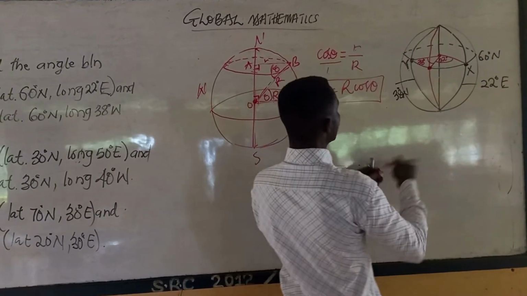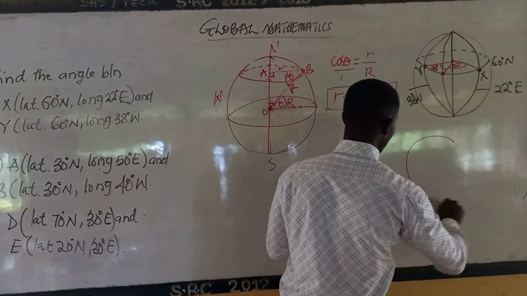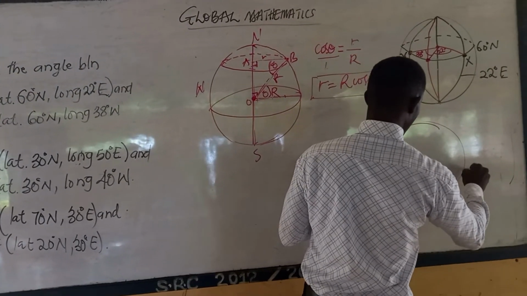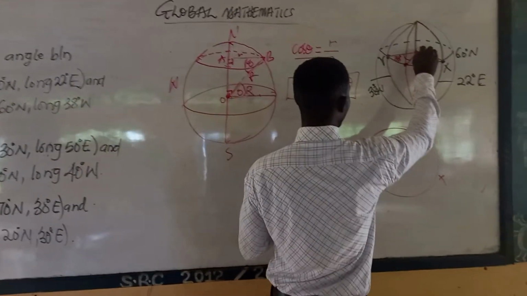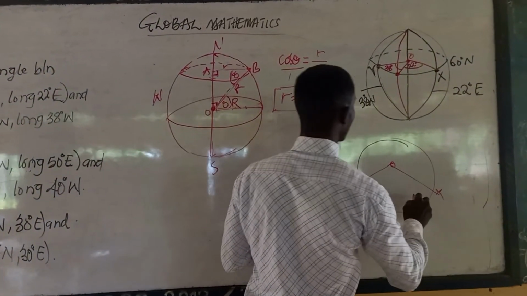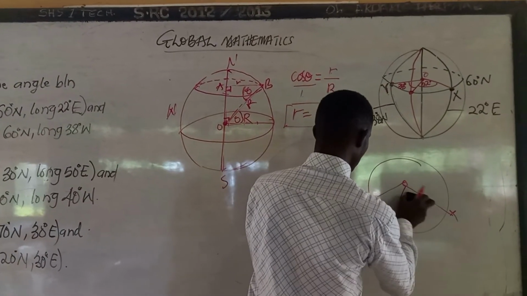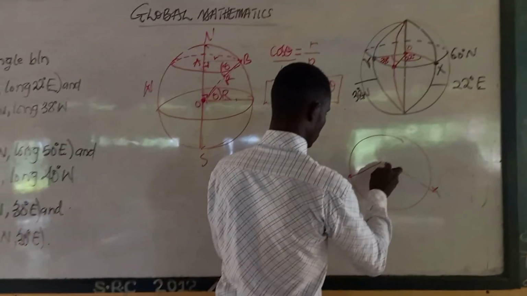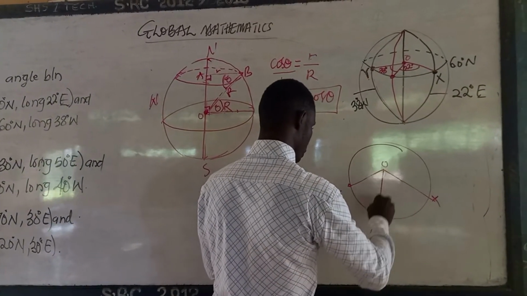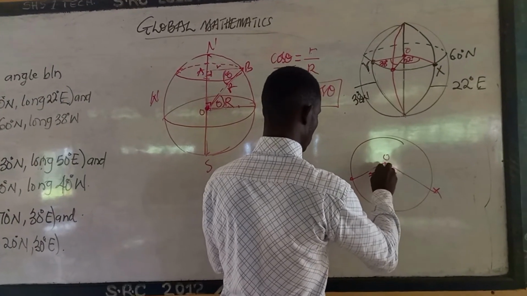Now, if I bring this circle out, it will be like this. The y is here, the x is here, and the center, let's say the center O, will be here. 22, 38.